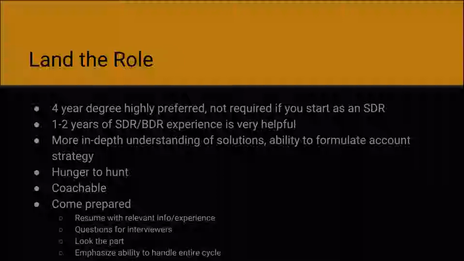So taking it from a qualified opportunity to pinning them on a solution that fits their problems, quoting them, price negotiation, and then closing. And then, of course, like I always say, you want to make sure you come prepared.